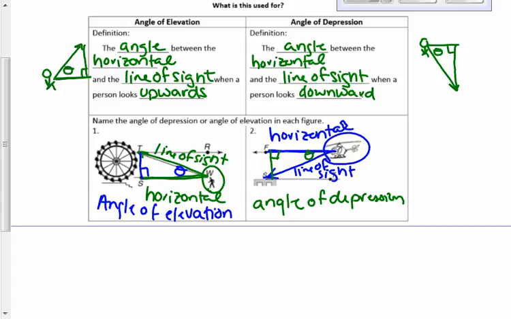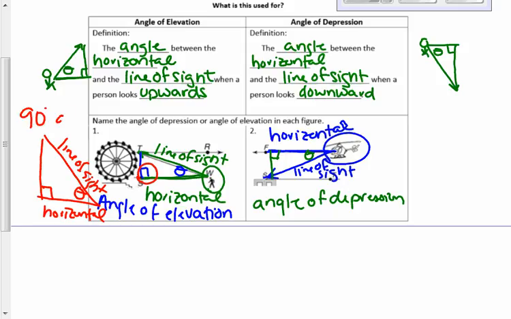What's important to notice when you're creating this triangle is the location of your 90-degree angle. For an angle of elevation, your 90-degree angle is at the bottom. You have theta, this is your line of sight, your horizontal is at the bottom, and your 90 degrees is at the bottom.